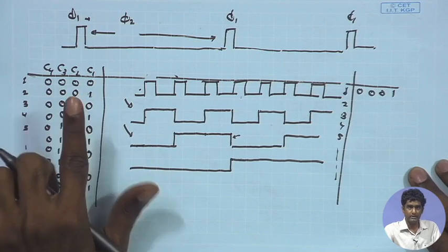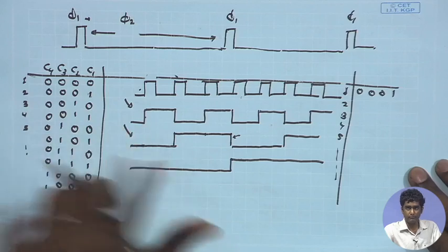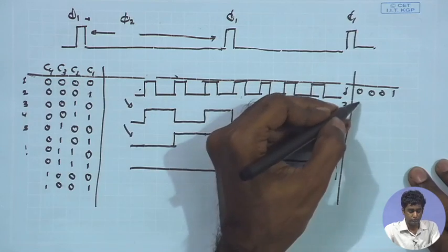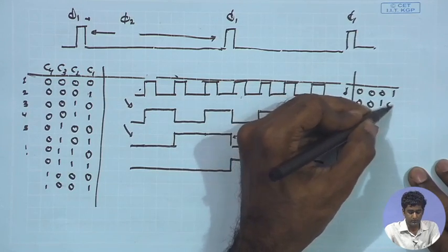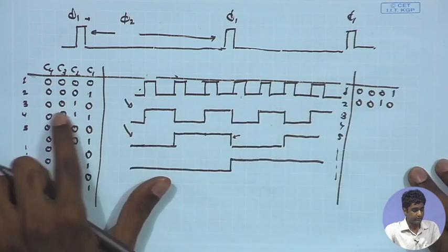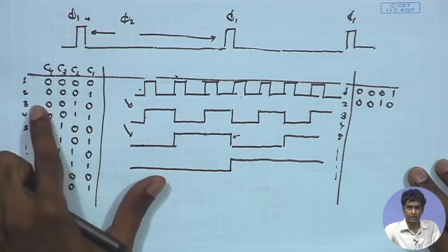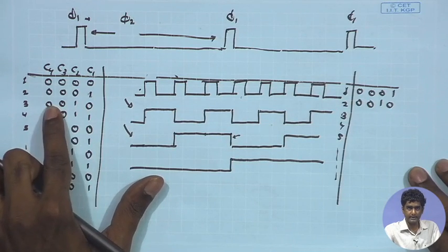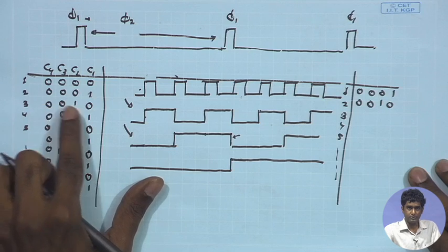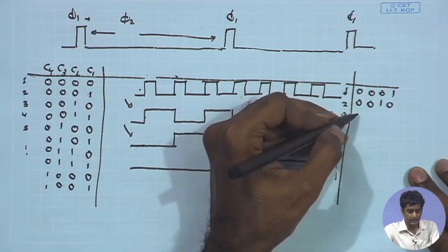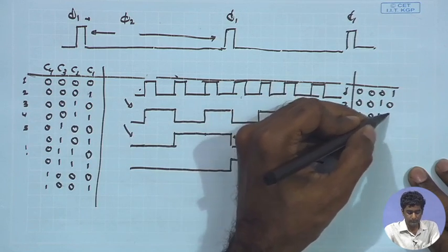I expect that the outputs of the flip flop in the next cycle should become 0, 0, 1, 0. Likewise, if the output of the flip flops in the second cycle was 0, 0, 1, 0, I would like that in the third cycle it should become so on.